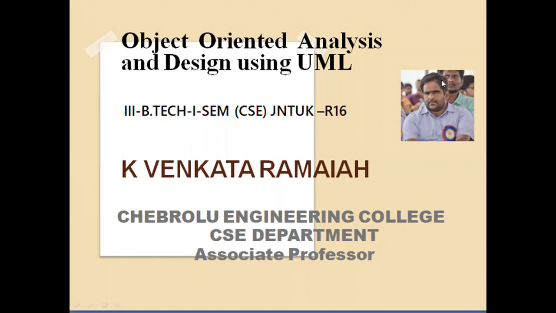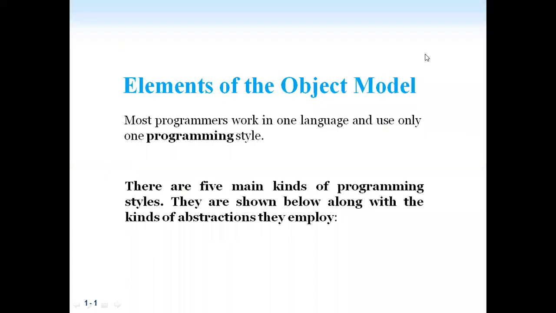Today we are discussing the elements of the object model. Most programmers work in one language and use only one programming style. There are five main kinds of programming styles.